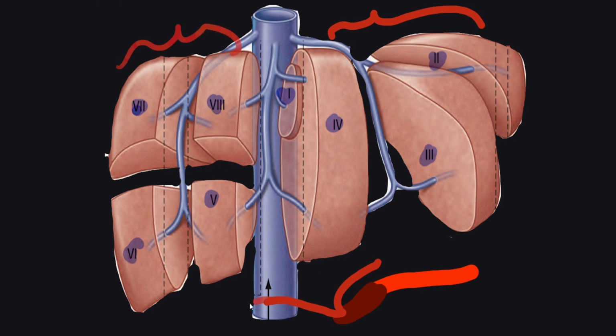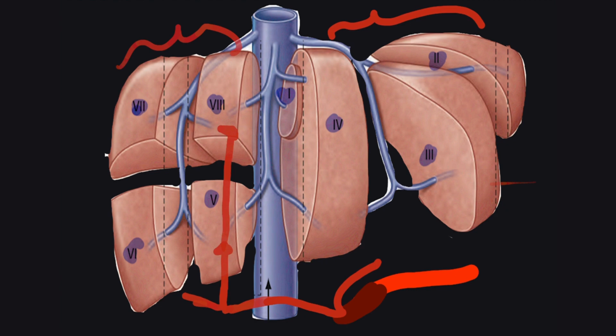The right branch of the hepatic artery is going to supply the right branch of the liver. It is going to be divided into the anterior part and the posterior part. The anterior part naturally is going to be before, and it is going to supply the fifth segment and the eighth segment.